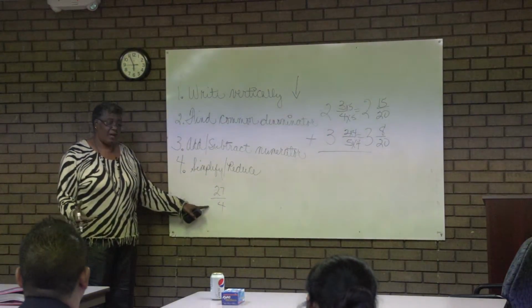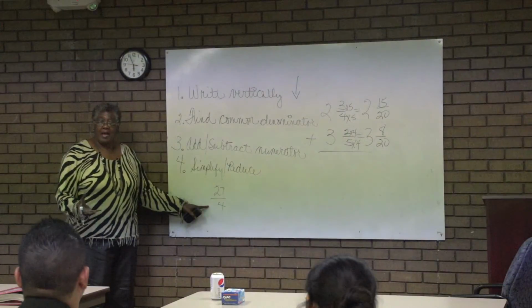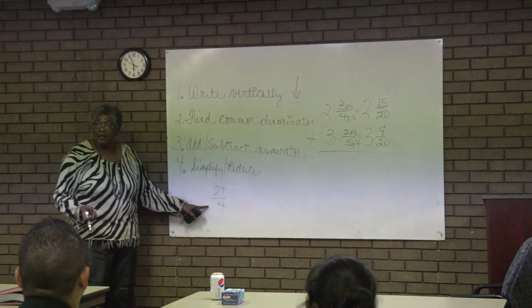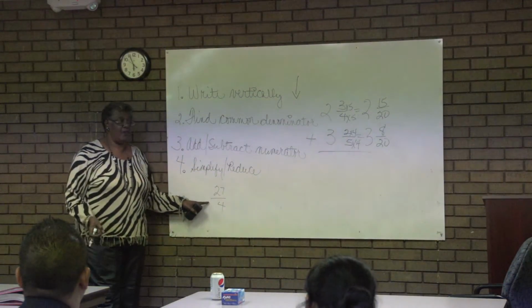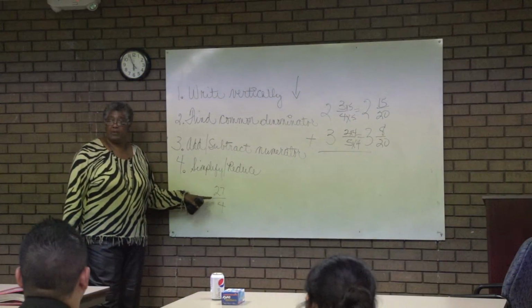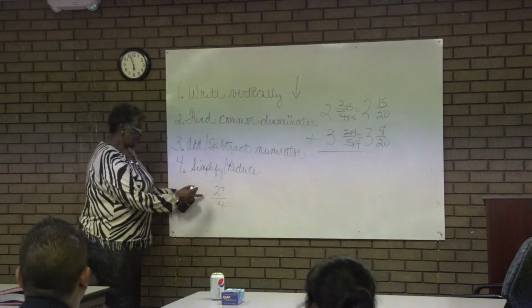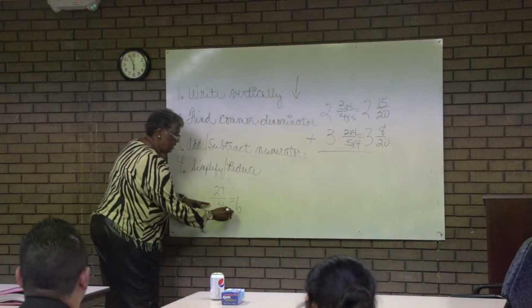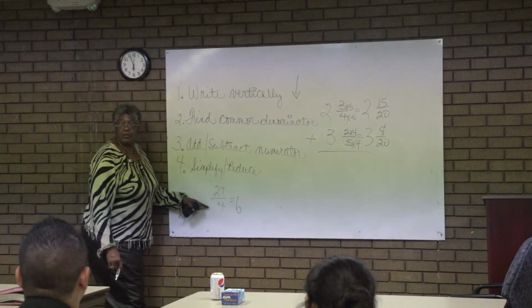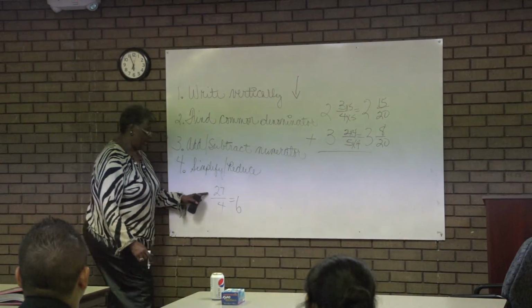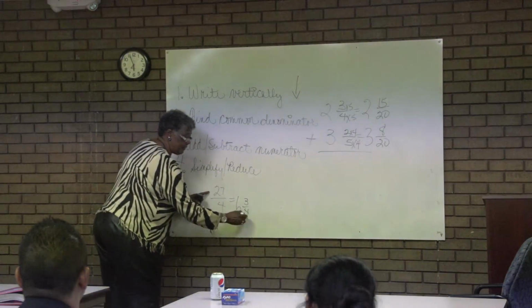That means every time I can take 4 pieces out, I can get another dollar if they were quarters, right? That's what simplifying means. If I have more than enough to make a whole, I'm going to see how many wholes can I make. If I had 27 of them, I can make $6. Use up 24 of them, right? And I'd have 3 of those quarters still left.